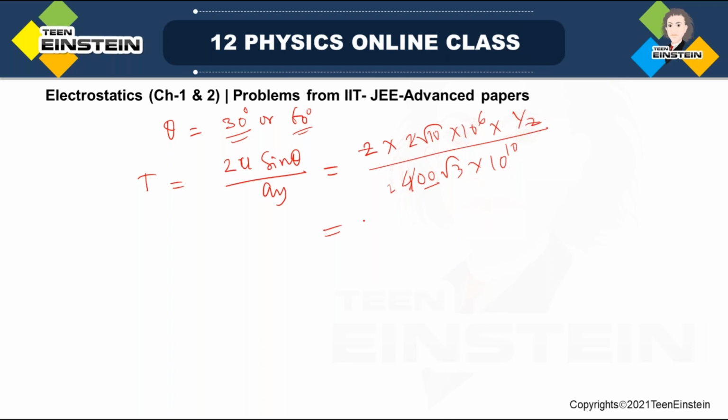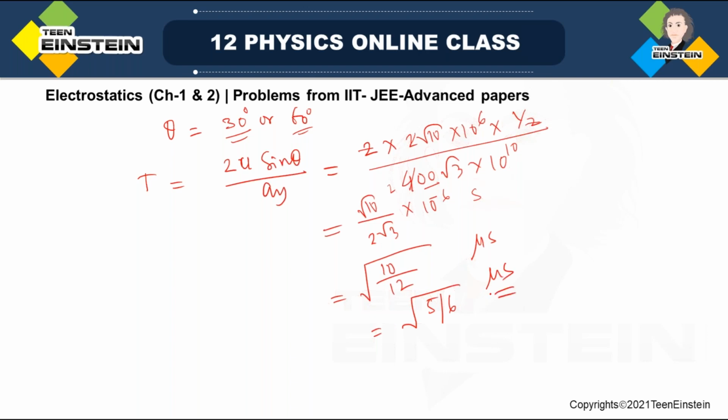So we will get root 10 divided by 2 root 3 into 10 to the power minus 6 second. So in this case we can just write 10 root 10 by root 12 as microsecond. So this is 5 by 6 microsecond. So one is gone.